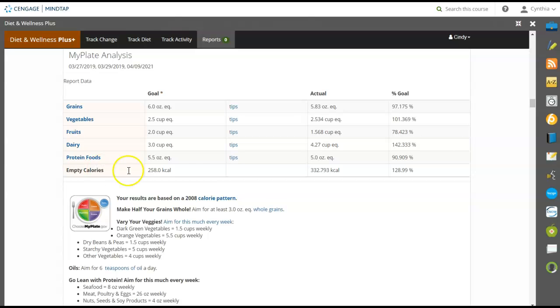And notice, I actually am allowed some empty calories. The USDA is not assuming that my goal is to have a diet with no, what we call fun in it, right? But I am supposed to limit it. And you'll notice that I actually did not limit it.